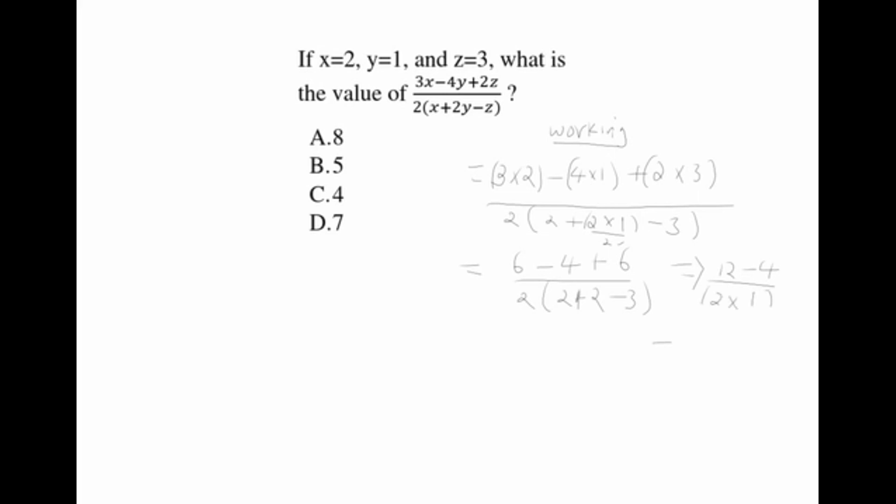So this will be equal to 12 minus 4 is 8, 8 over 2 times 1 is 2, so we divide 8 by 2 and get 4, so our expression equals 4, so our answer is C.